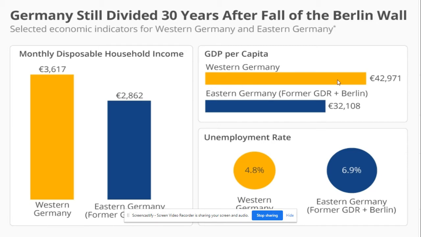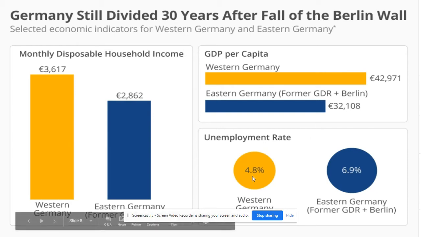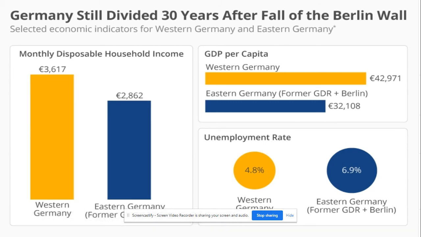So in West Germany, each person produces 42,971 euros in a year, for example. And in East Germany, each person produces 32,108 euros per year. If we look at unemployment rates, the unemployment rate tells you the percentage of people who don't have jobs in a country.